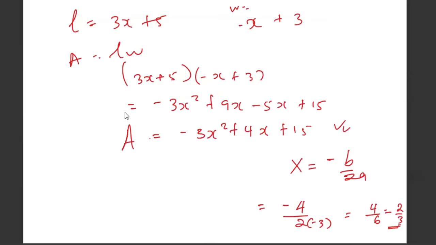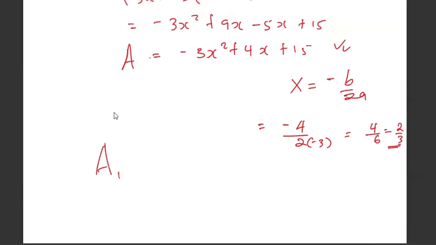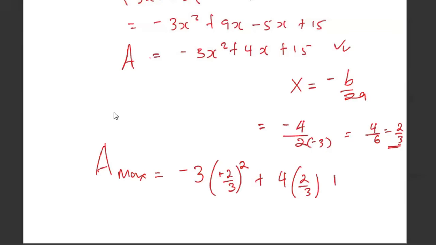So where x is 2 over 3, that's where we get our maximum. So we're going to say that the maximum area can be obtained when we substitute x with 2 over 3: negative 3 times 2 over 3 squared, plus 4 into 2 over 3, and then you add the 15.